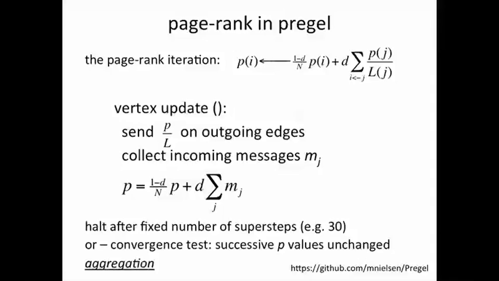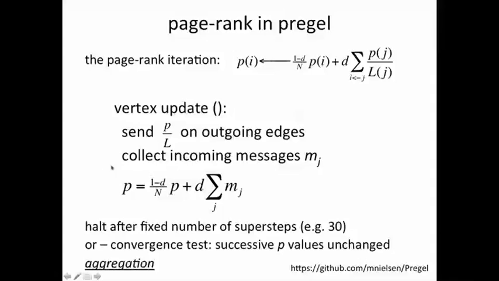Now let's see how you would do this in Pregel. If I'm a vertex, I have some estimate of my PageRank, initially some random value. I send my value divided by L, which is the number of outgoing edges that I have, to everybody that I can see on an outgoing edge. Then I look for incoming messages from other vertices and conduct this iteration.